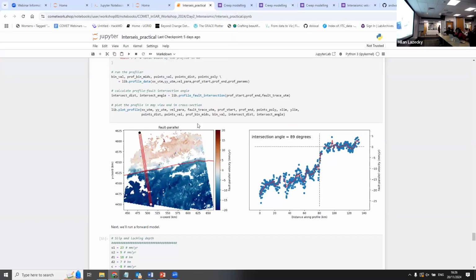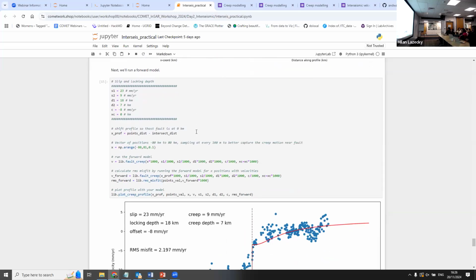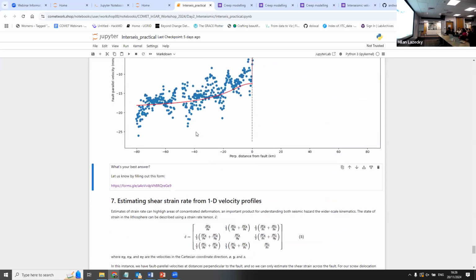Great. So this is the shortcoming of forward modeling. That's why we need to do inversion, by sampling the parameter space automatically. Okay, now let's move on.